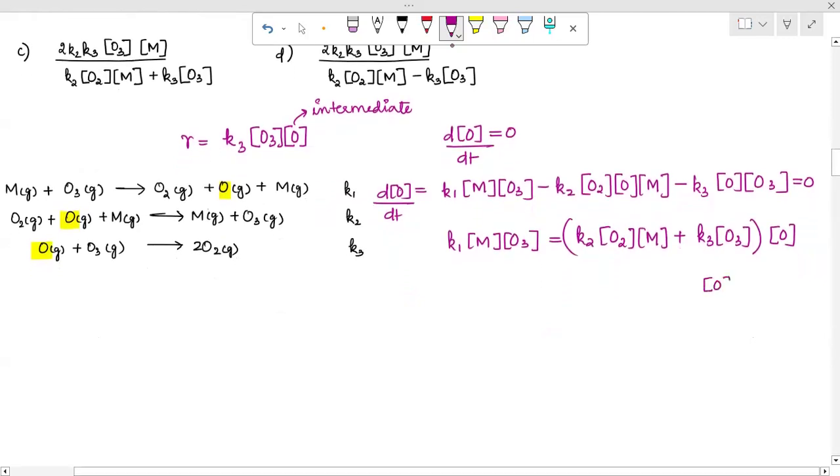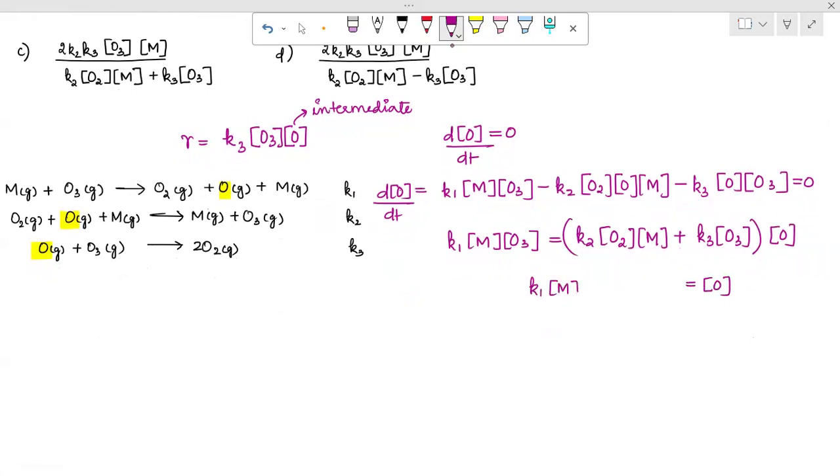So if I write the expression of O, that is going to be equal to K1 concentration of M into concentration of O3 divided by K2 concentration of O2 concentration of M plus K3 into concentration of O3. Right.